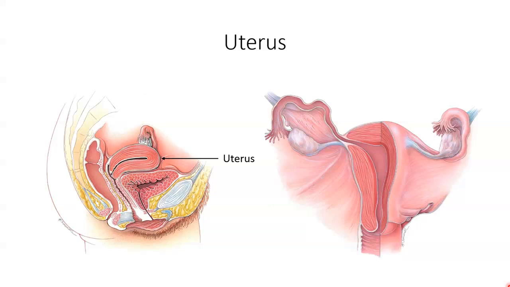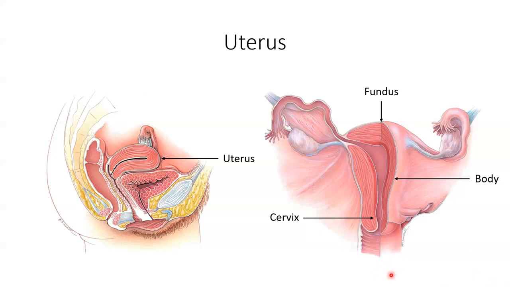The uterus is considerably larger in females who have been recently pregnant, and then smaller or atrophied when sex hormone levels are low, such as what occurs after menopause. Now, the top dome-shaped portion of the uterus is called the fundus. The tapering central portion is called the body. And then the inferior narrow portion that opens up into the vagina, which is our vagina down here, is called the cervix.